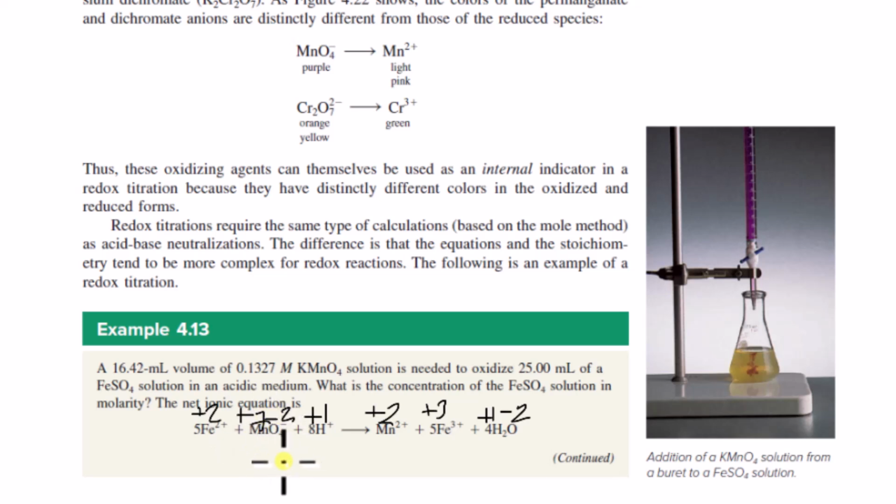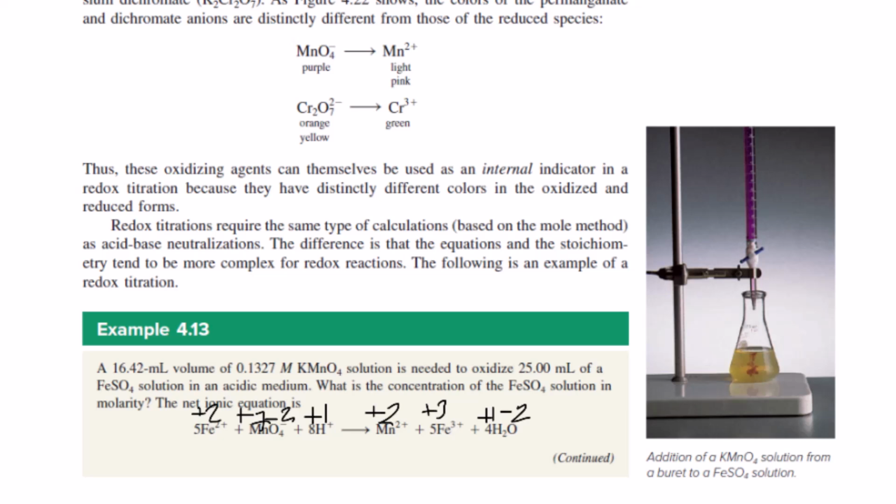And so now from there, if you add an additional drop of the standard solution past the equivalence point, you're going to have dissolved permanganate that's not going to have Fe2+ to react with. And so what does that mean? Well, what that means is that the solution is going to dramatically change color towards purple, because you're all of a sudden going to have permanganate ions floating around because they're not reacting with anything and disappearing like they were before.